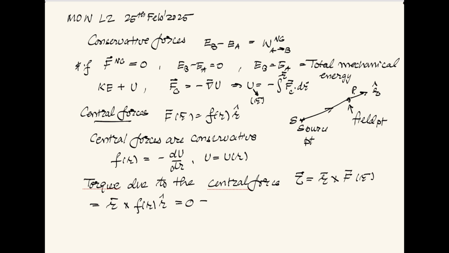But then I know that the torque is given by dL vector by dt. So what it means is that dL vector by dt of a particle that's traveling in the central force has to be 0, which means that L vector is conserved.